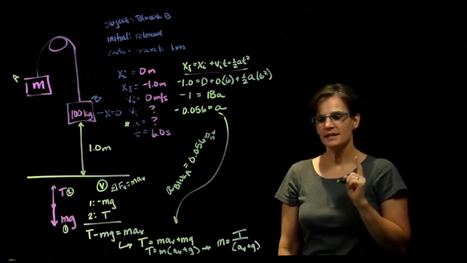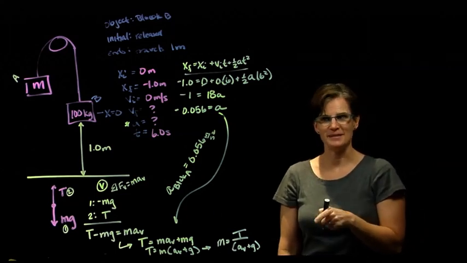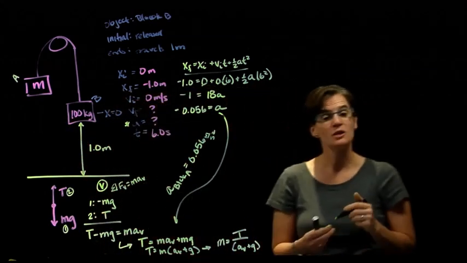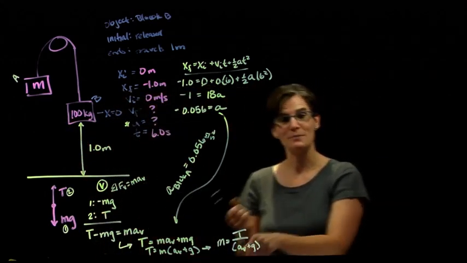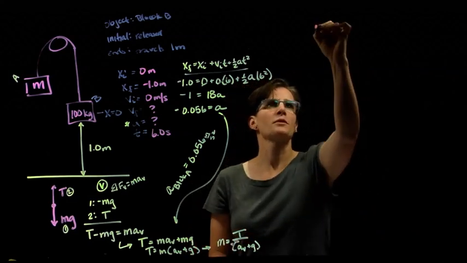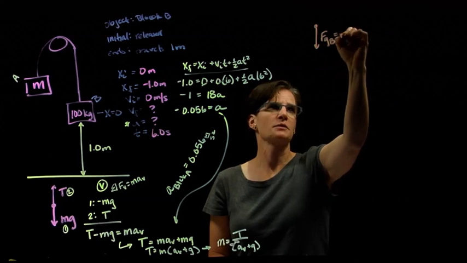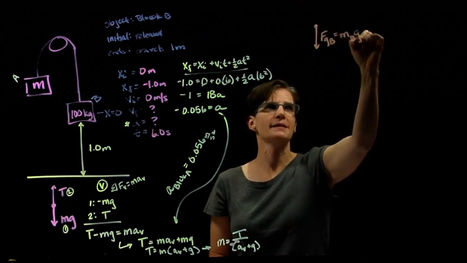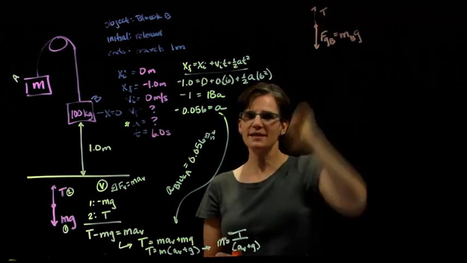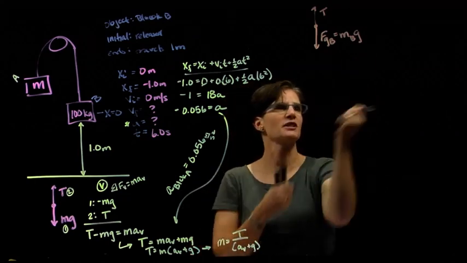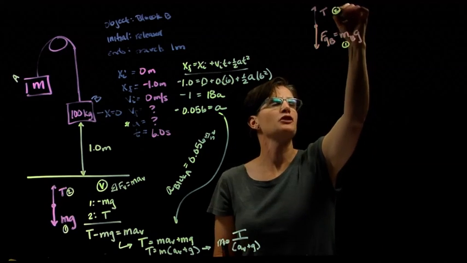All right, now I need the tension T. So tension T, well, that is related to block B. So let's look at the forces on block B. The forces on block B are the force of gravity of block B, which equals the mass of block B times G, and the tension T. And these are only acting in the vertical direction as well, so I can just look at my two verticals.